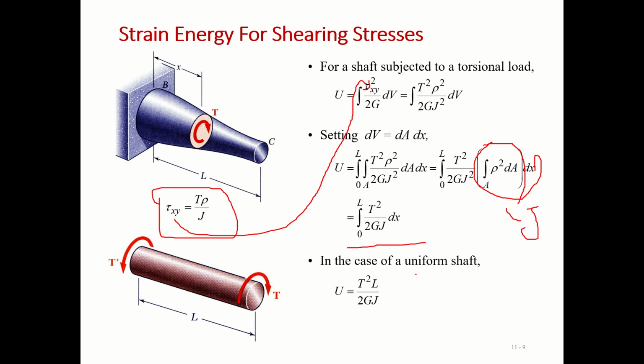If we have a uniform shaft, we can simply integrate this, and we will get this total strain energy. So this is the total strain energy for the shear stress for a uniform rod under torsion.